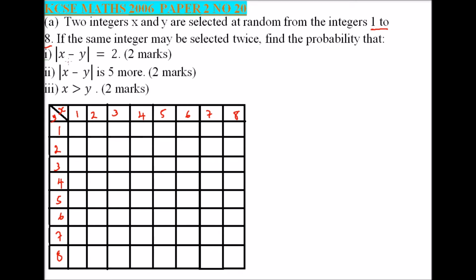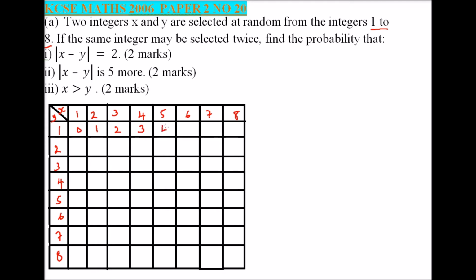Because we need the magnitude of x minus y, 1 minus 1 is 0, and 1 minus 2 is 1, because it is the magnitude, you ignore the negative sign. This becomes 2. 1 minus 4 is 3.